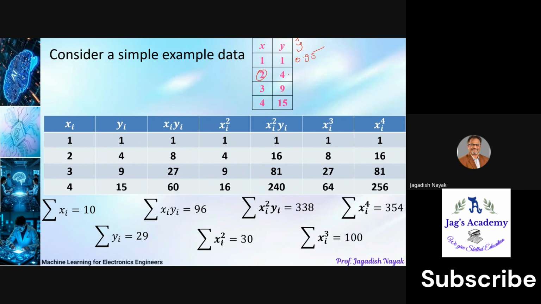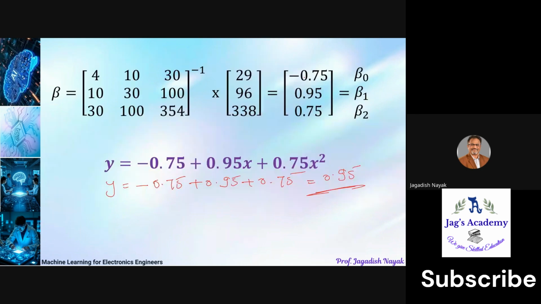Similarly, substitute the value 2 here. This will be equal to minus 0.75 plus 0.95 into 2 plus 0.75 into 4. Let us see what value you get. 0.95 into 2 is 1.9, and 0.75 into 4 is 3.